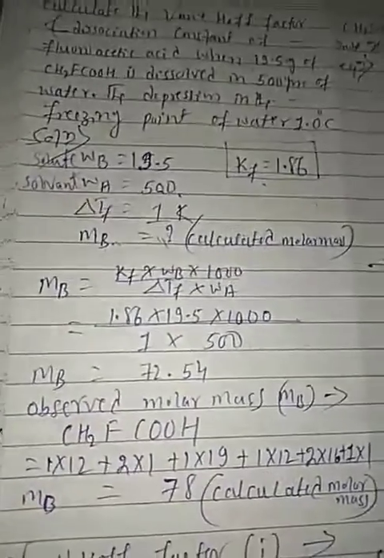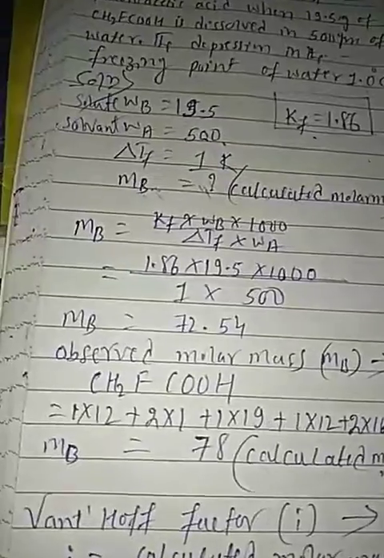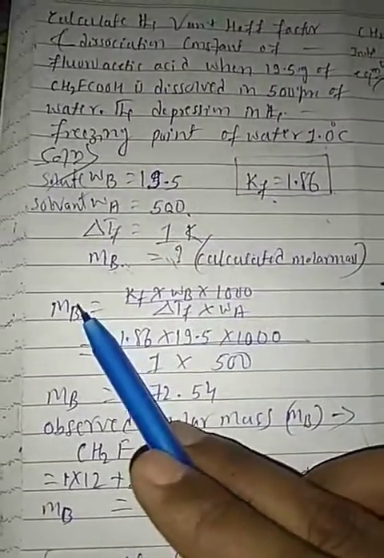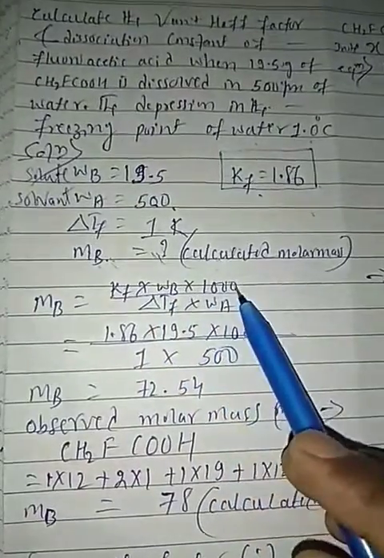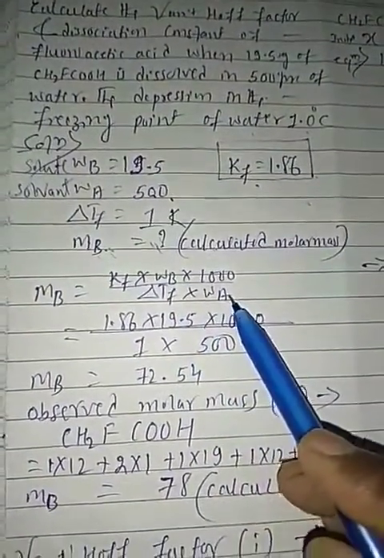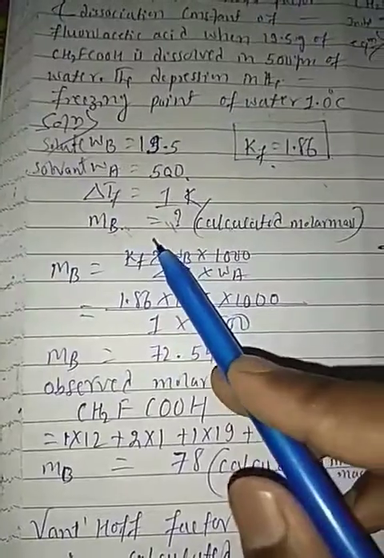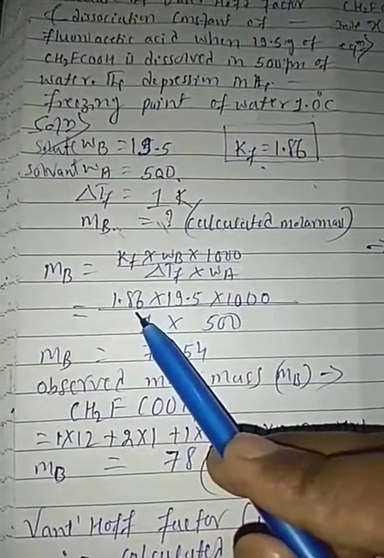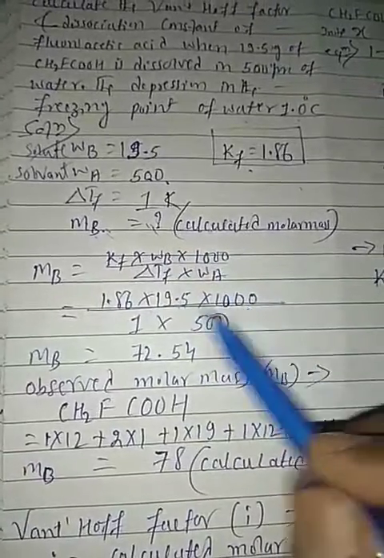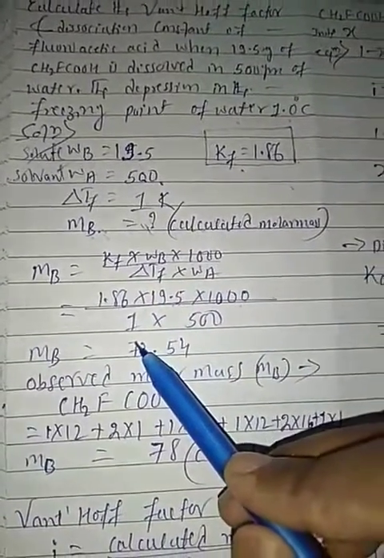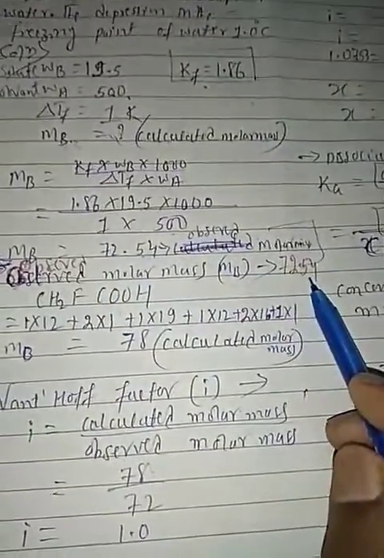We have to calculate that here, students. Let's see. The formula is given directly: MB is equal to Kf into WB into 1000 over delta Tf into WA. Kf is 1.86, into 19.5 for WB, 1000 as it is, delta Tf is 1 degree Celsius, that is 1 Kelvin, and so, students, the observed molar mass is 72.54.